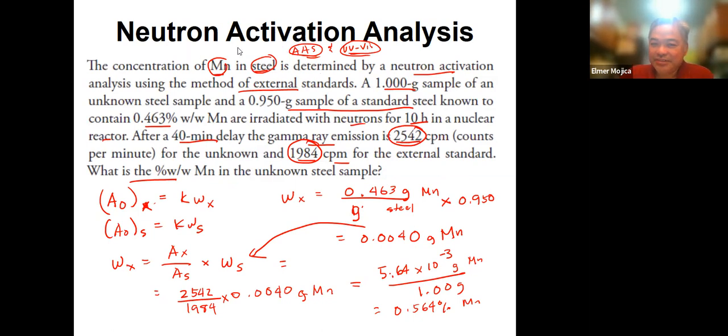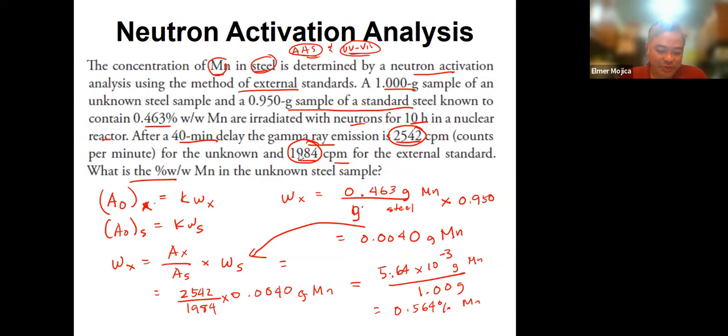So the main advantage of this one is that this is a non-destructive method. Okay? So when we say non-destructive method, you can recover the sample. Compared to AAS and UV-Vis, your sample is still destroyed. You can no longer recover it. But in neutron activation analysis, this is a non-destructive method, so you can recover the sample.